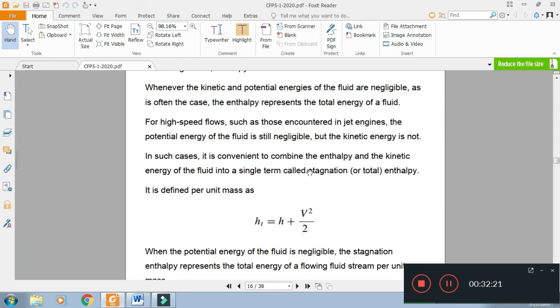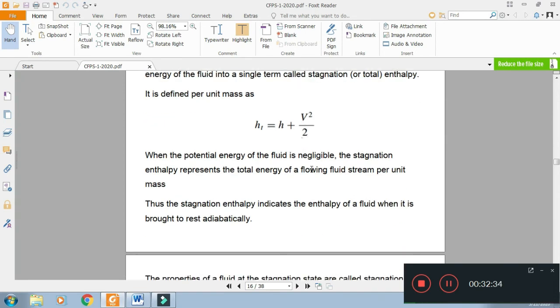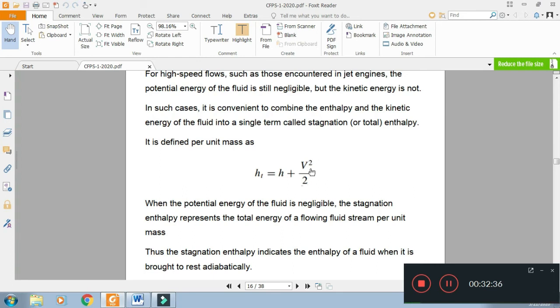The dynamic enthalpy is V squared over 2, and the static enthalpy is H. The total is termed as stagnation or total enthalpy. The subscript used is T for total, and in books, a naught subscript is used. H naught equals H plus V squared over 2.